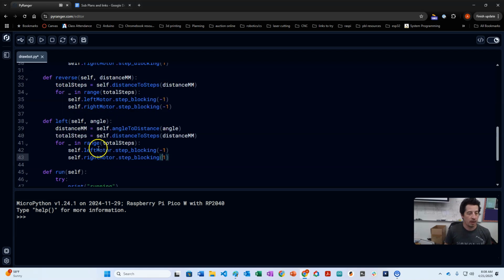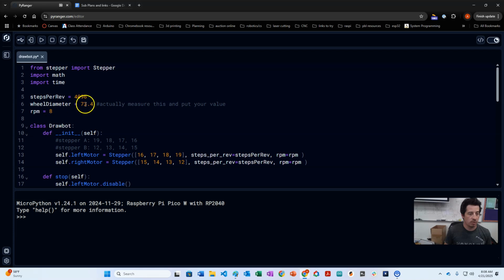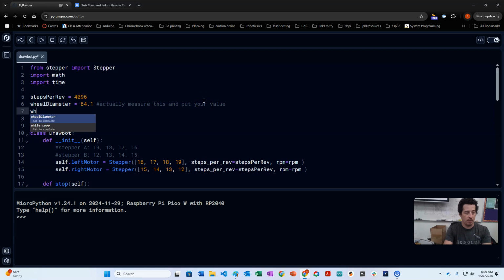This is also a reason why it was important for us to calibrate the wheel diameter. Yours was probably like 64 point something or 63 point something. I'm just going to guess something here. And then we're also going to have a separate variable called drawbot width. This is basically the distance between the centers of the two wheels.